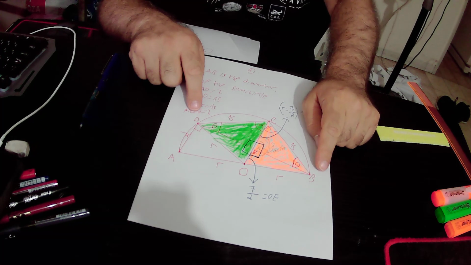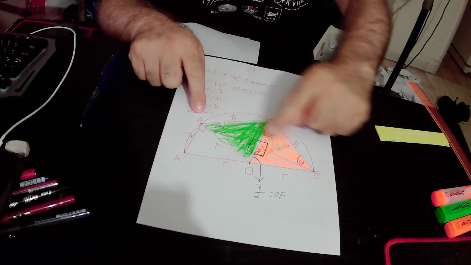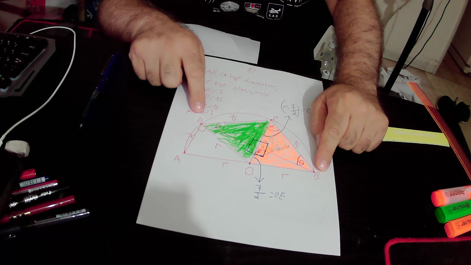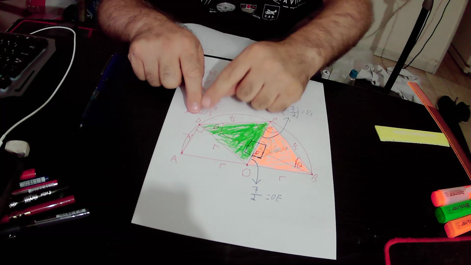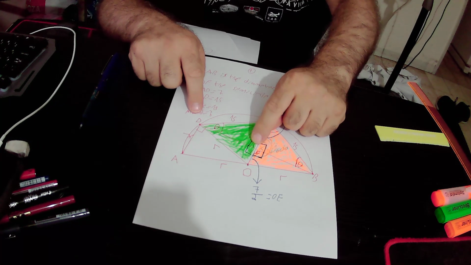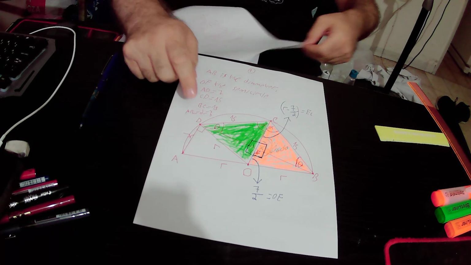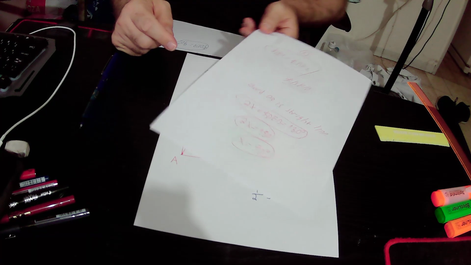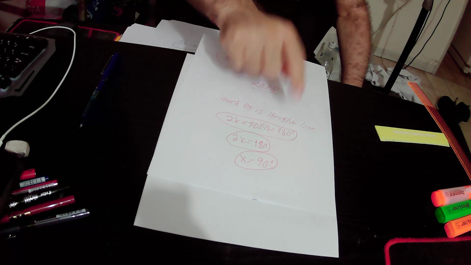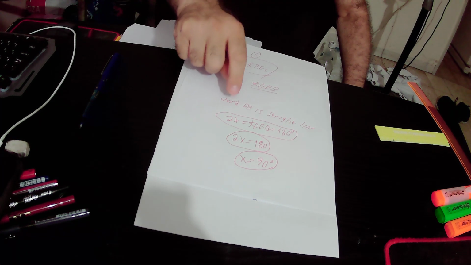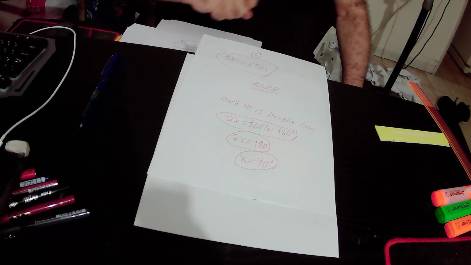So from one side, angle DEB is equal to 180 degrees. But from the other side, angle DEB equals x plus x, that is to say, equals 2x. So we have this equality that states that from one side, angle DEB equals 180 degrees, and from the other side, it equals 2x.